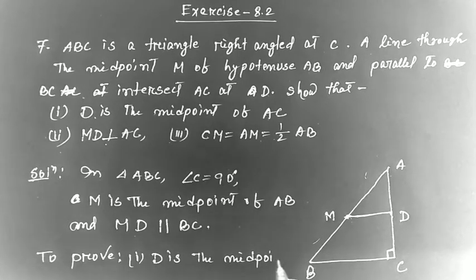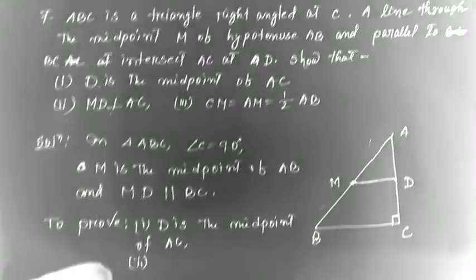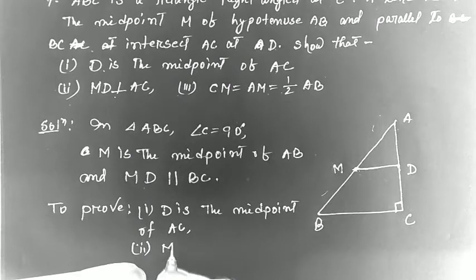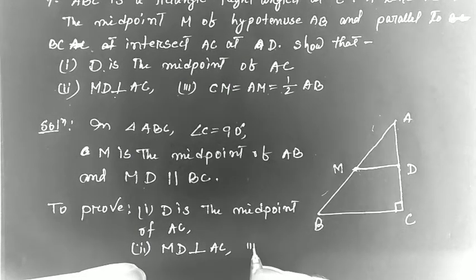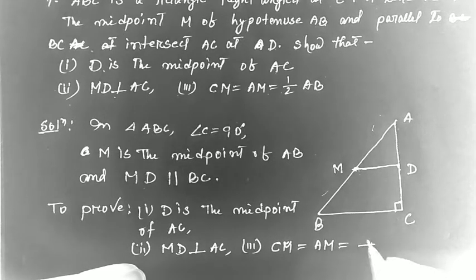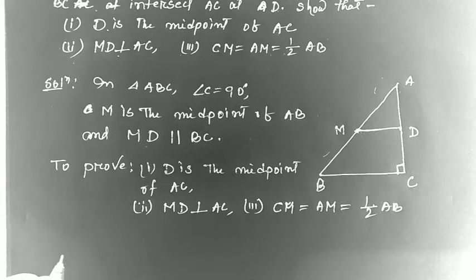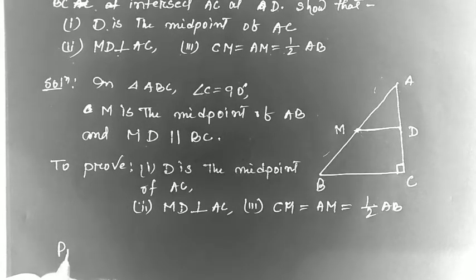Second, MD is perpendicular to AC. And third, CM is equal to AM is equal to half of AB.